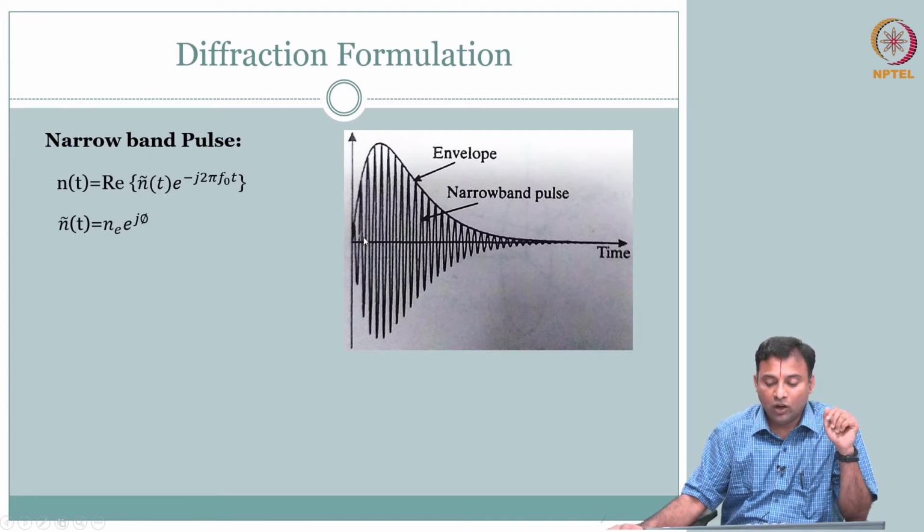If this envelope, this pulse length, remember the pulse length I asked you to pay attention to when we did the axial resolution. We want this pulse length to be narrow band. What do we mean by that? This pulse length should be large compared to the time period, the lambda.